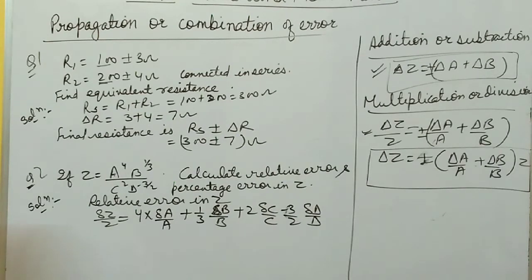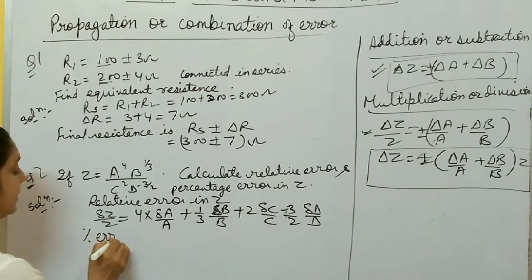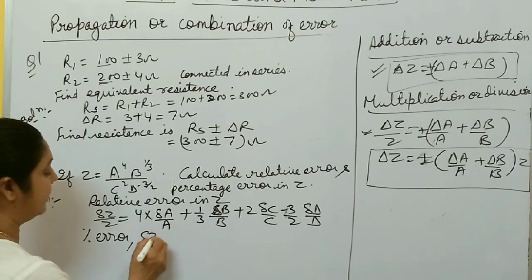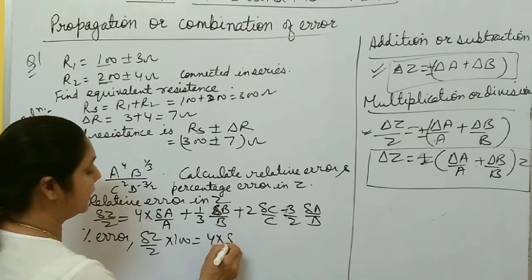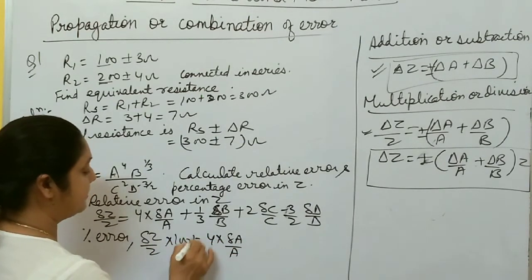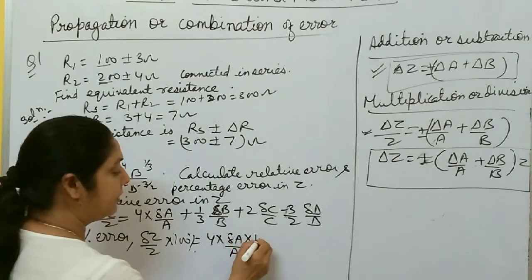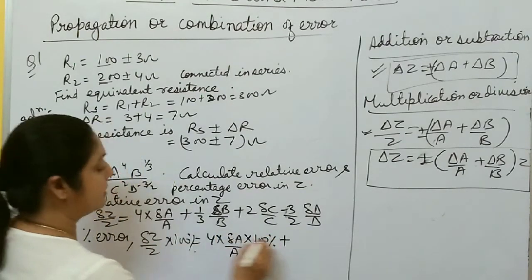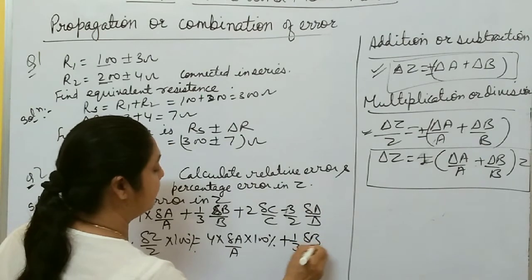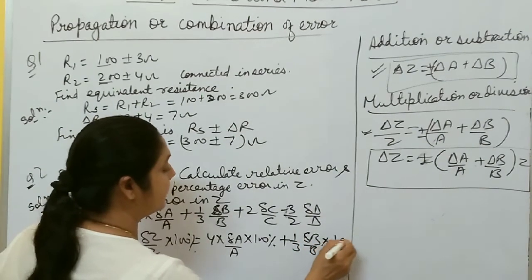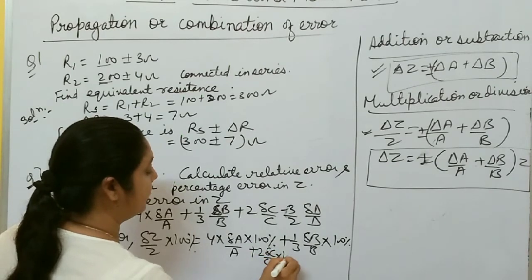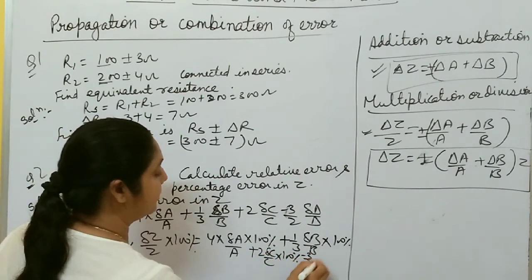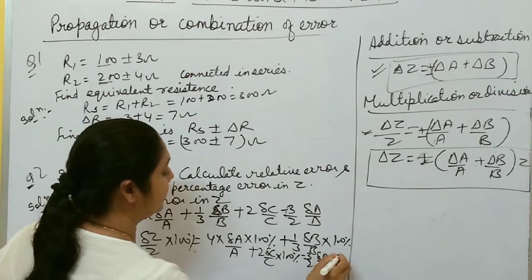And if you want to find the percentage error, you just multiply it by 100. Percentage error, how do you find it? You just multiply it by 100. Delta Z by Z into 100 equals 4 into delta A by A into 100%, plus 1 by 3 delta B by B into 100%, plus 2 delta C by C into 100%, minus 3 by 2 delta D by D into 100%.